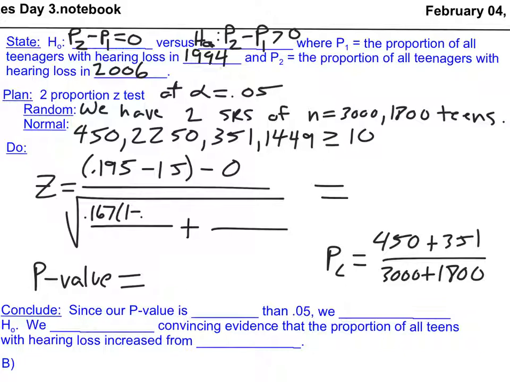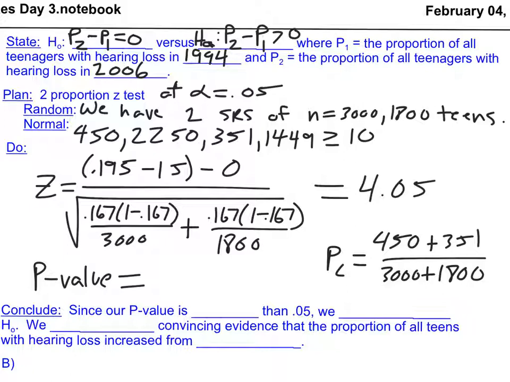Comes out to be 0.167. And now my work for my z-score should reflect that combined proportion. I get a z-score of 4.05, which is a huge z-score because we have a tiny p-value.